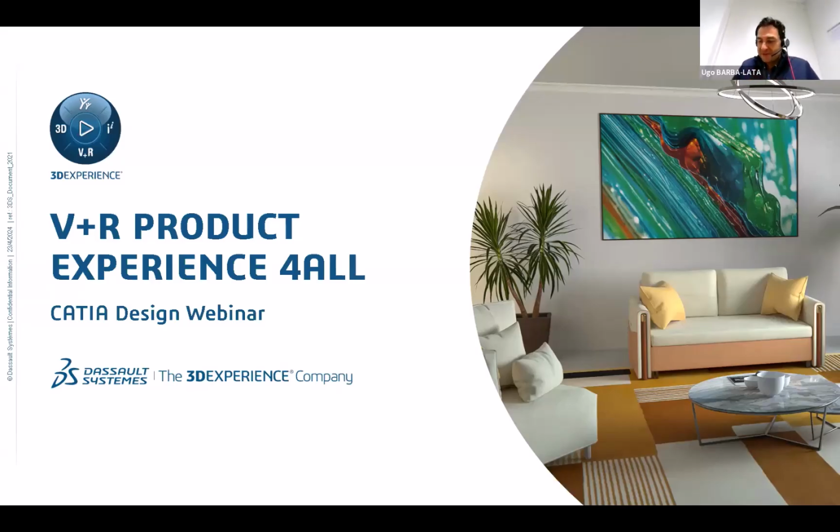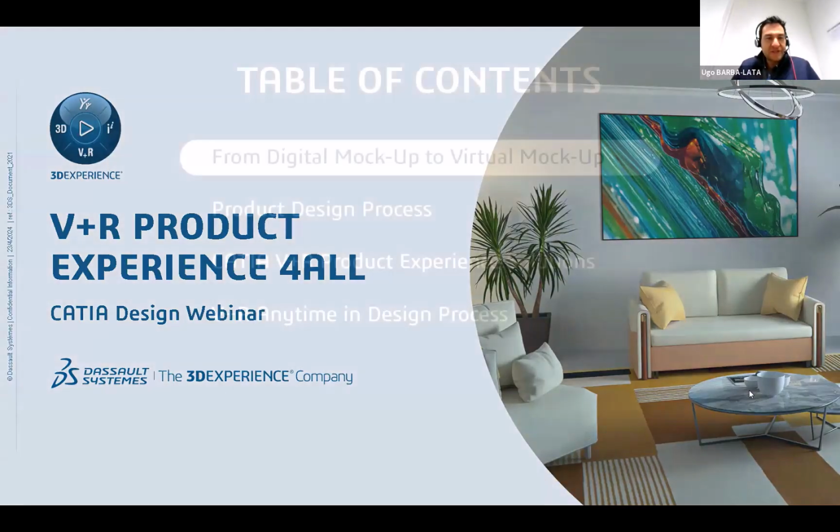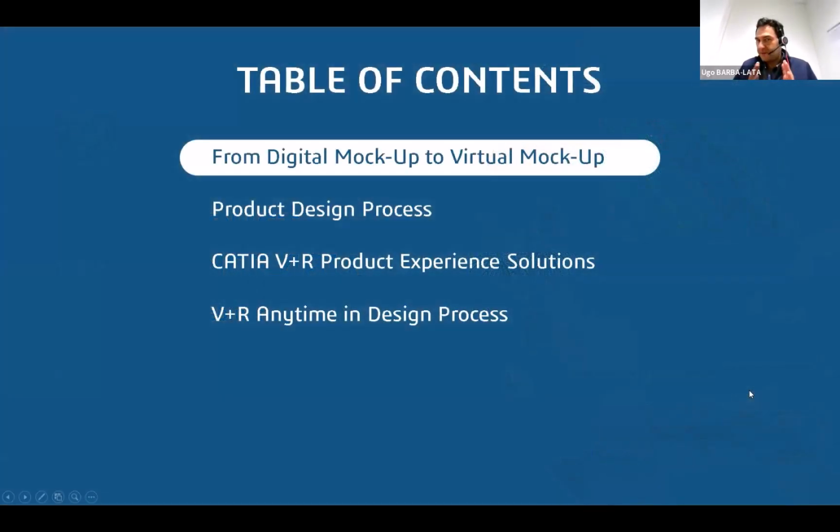So first, that's the agenda. We will explain in quick words how your CAD data, which is a digital mockup, we will turn into a virtual mockup. And then you will see the product design process with the product that Stanislas will present, which is a sofa. All the steps to create this sofa with a stylist, designer, and engineering.